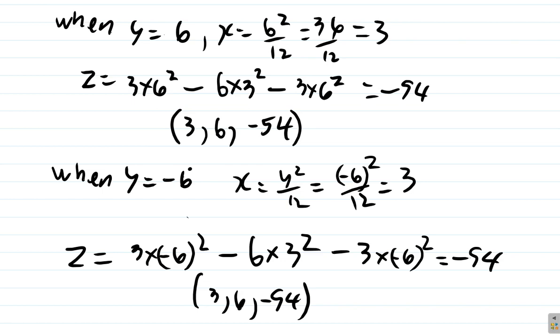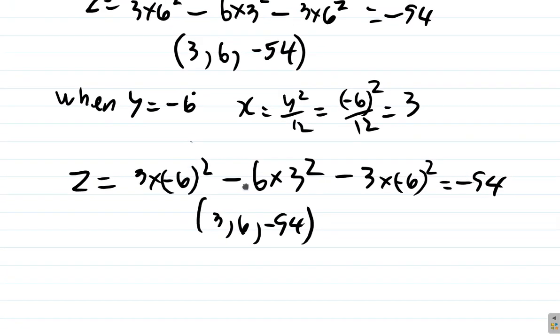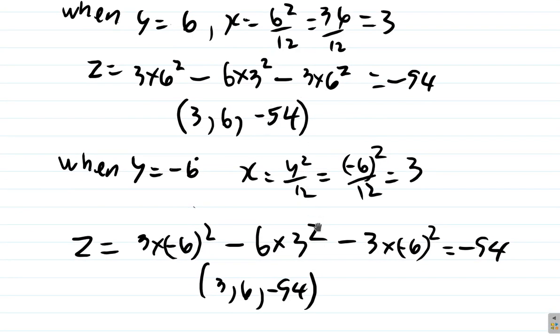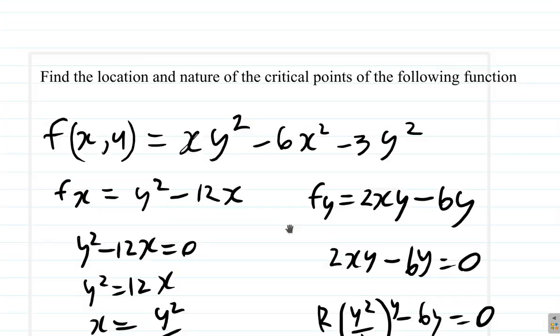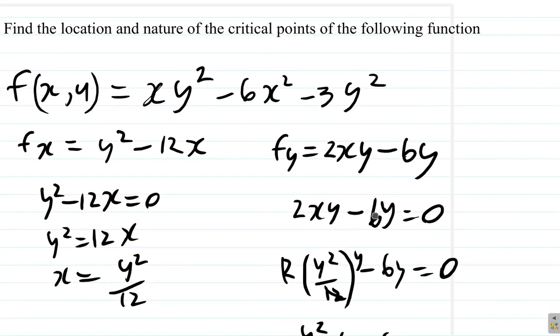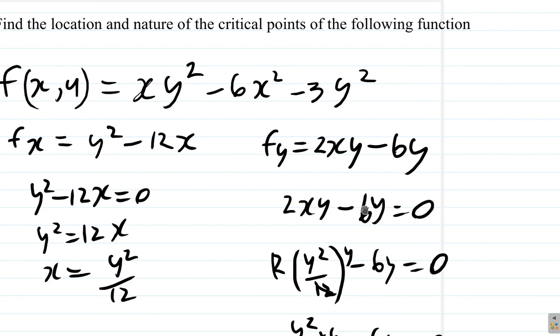Now, what we want to do, well, first we know where the stationary points are located. Let us now find the nature of the stationary points. Right? Here, what we're going to have to do is find fxx and fyy and fxy.